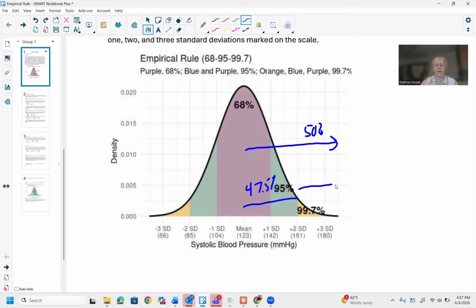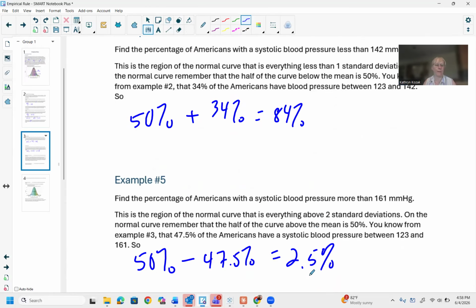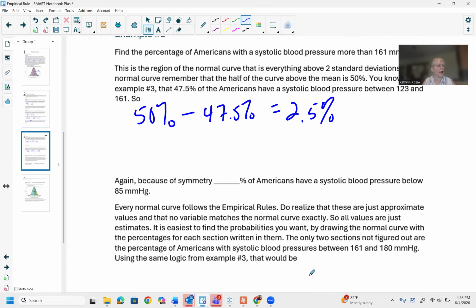So what we want is this area here, which is why we're taking the big 50 minus the 47.5. Again, because of symmetry, 2.5% of Americans have a systolic blood pressure below 85 millimeters of mercury.